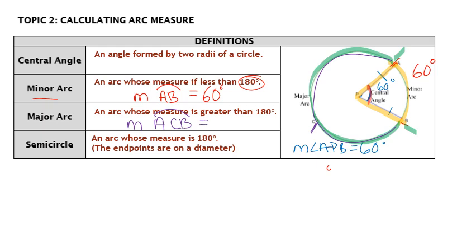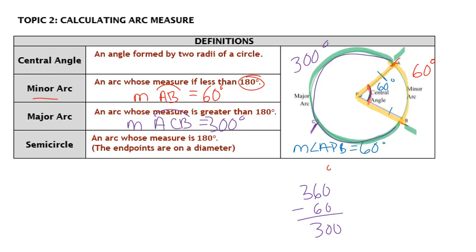So if this is 60, 360 minus 60 is 300. And this would be 300 degrees. So the major arc would be 300. Okay, so anything that's greater than 180, or greater than half a circle, is considered a major arc, and we name it with 3 letters.